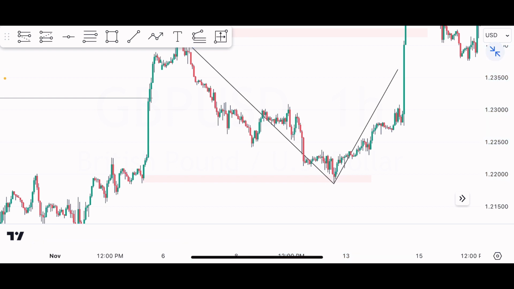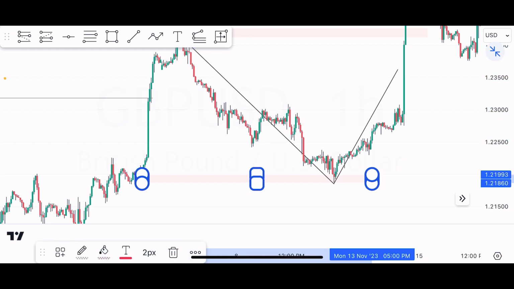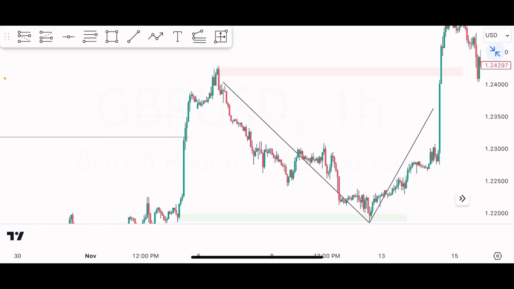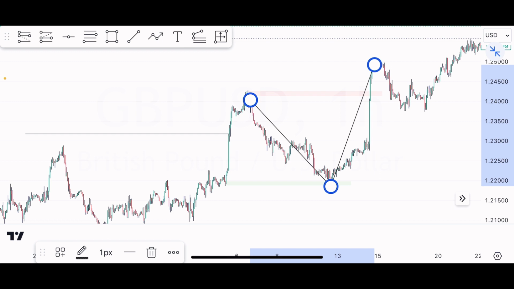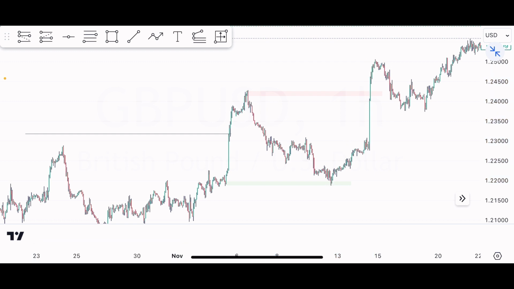And look how when price got to that other block, it found a nice support and launched from there. You want to know more about order blocks? I made a video. It's in the price action concept mastery playlist. Go check out order blocks.